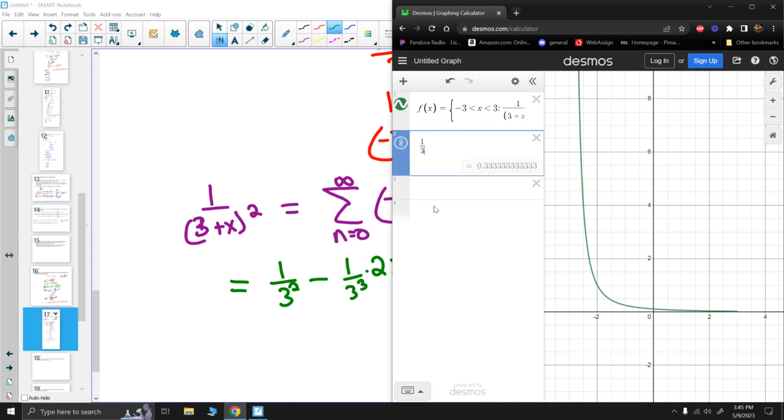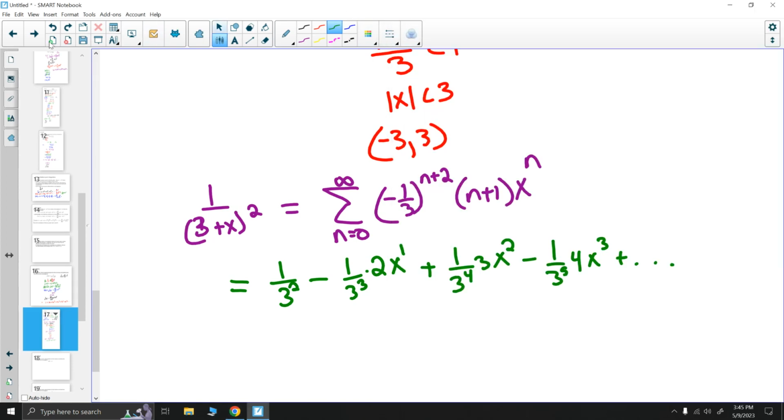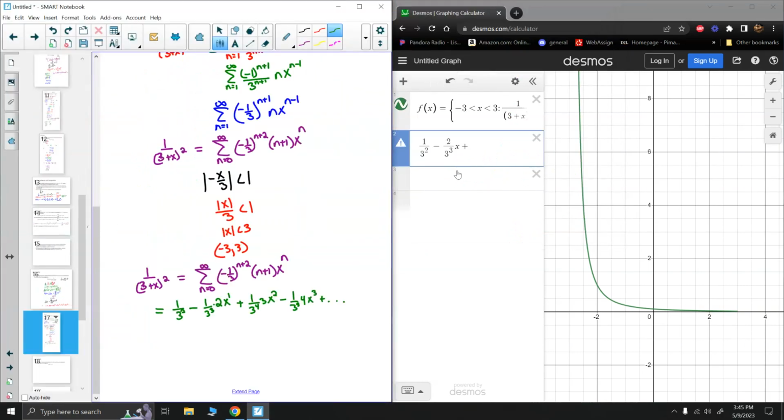So 1 over 3 squared minus 1 over 3 cubed, well, times 2, so 2 over 3 cubed x, plus, let's go ahead and bring this so I can actually see it.